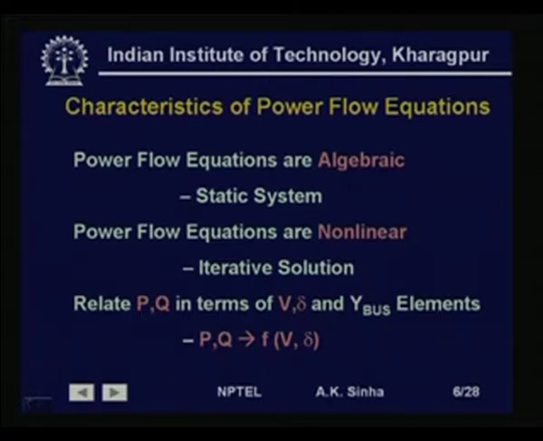The power flow equations relate the real and reactive power injection at a bus to the voltage magnitude and angle at various bus bars in the system, and the admittance matrix of the system. That is, P, Q can be written as a function of V, delta. So, this is how we write our power flow equations.